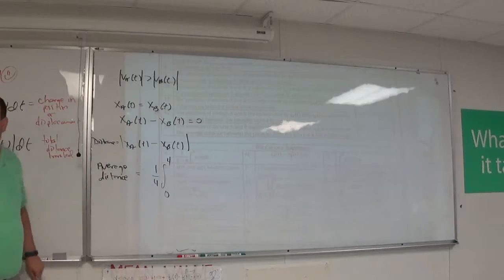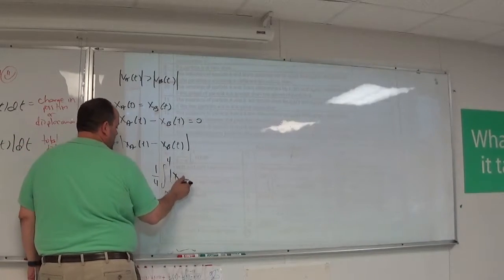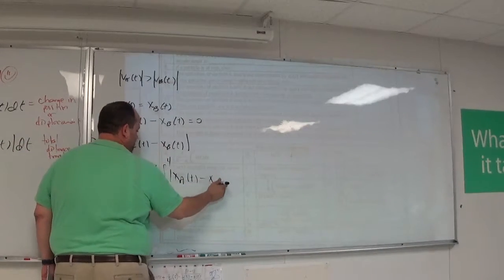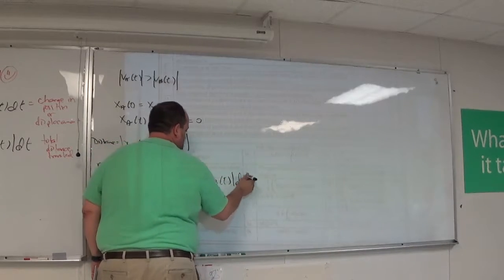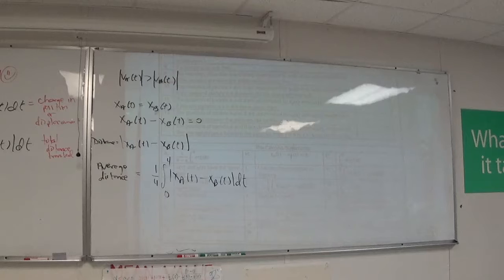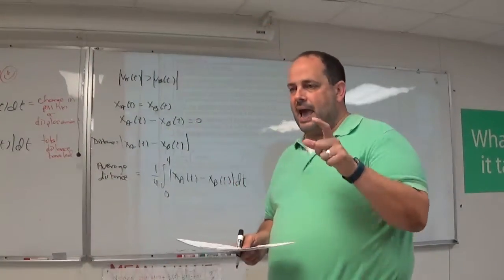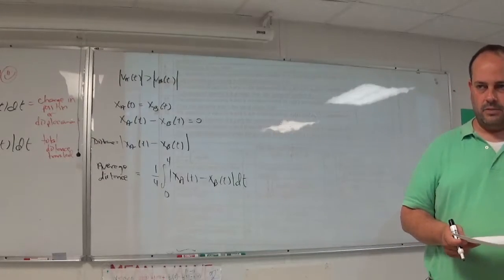Both options have the integral from 0 to 4 and the 1/4. This is your distance. I want the average of that distance, so it has to be R. If you pick P, you're looking at the difference between their velocities, so you'd be finding the average difference between their velocities. I want the average difference of their position.